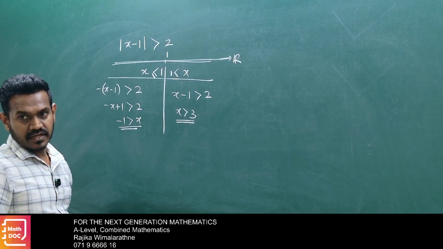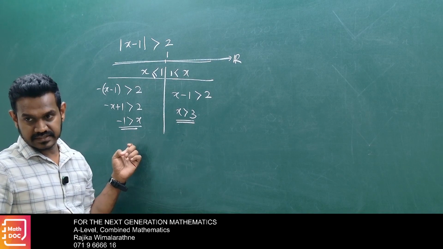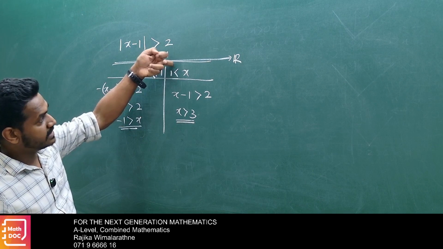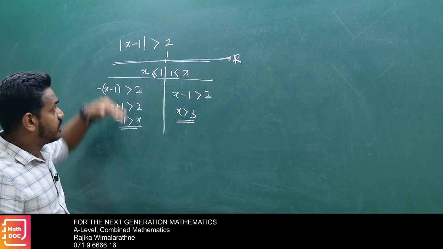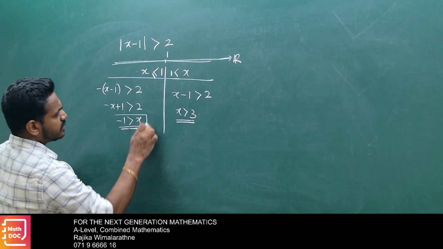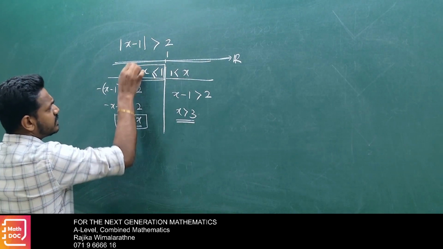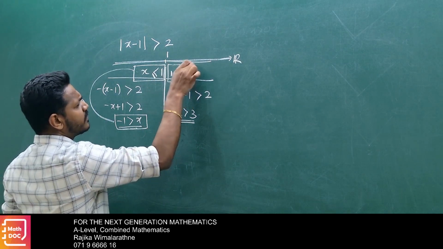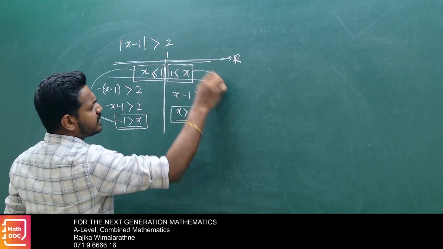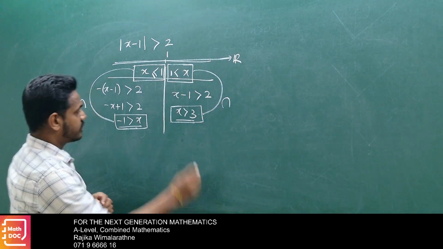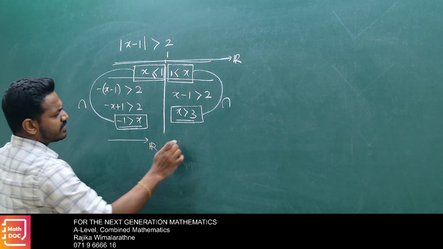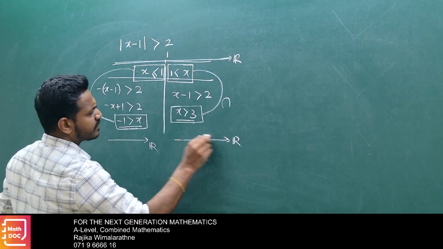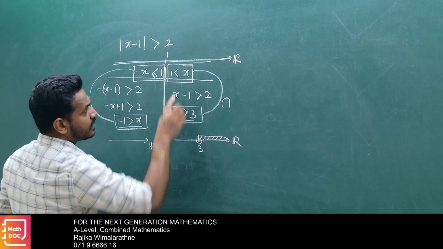Now we have two solutions for different regions. This solution belongs to this region and this solution belongs to this region. Then you take this one and this one and get the intersection, and similarly take this one and this one and get the intersection. Do it now. On the real number line, here greater than 3, here greater than 1.